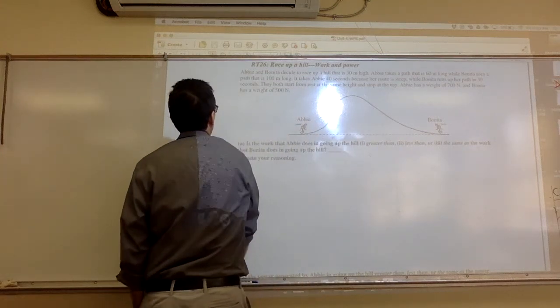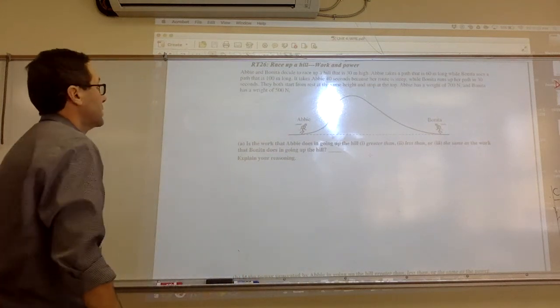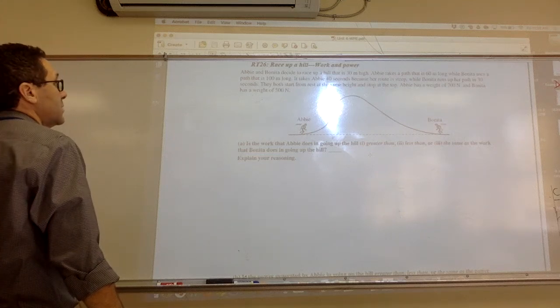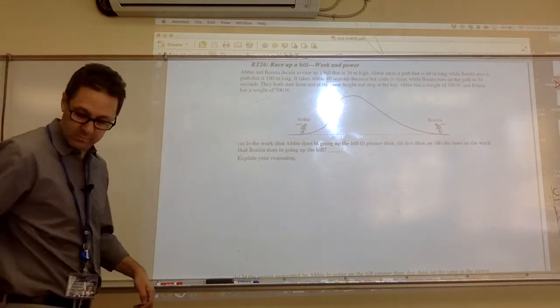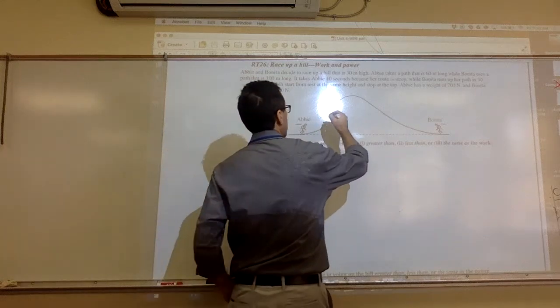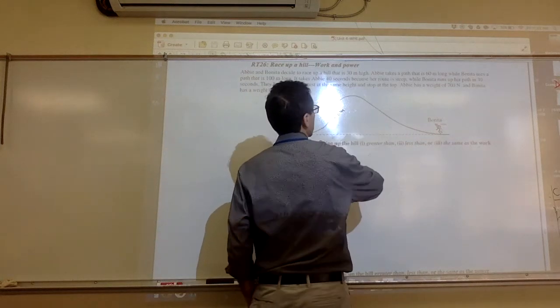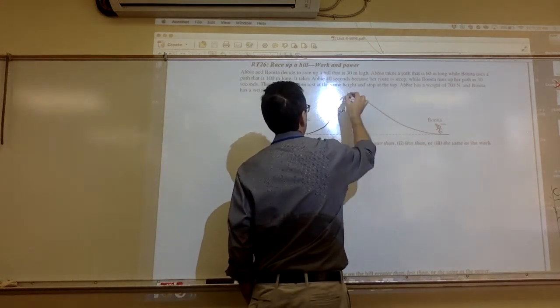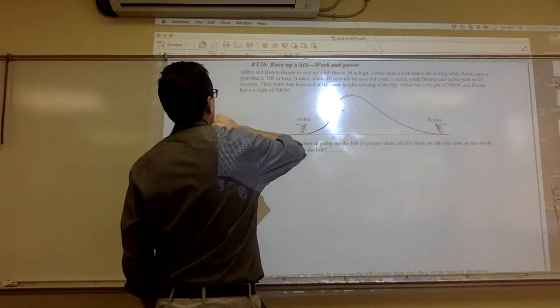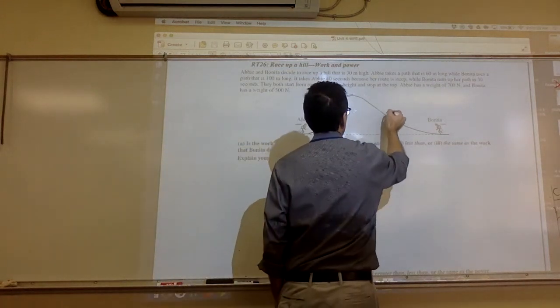Okay, Abby and Bonita decide to race up a hill that is 30 meters high. Abby takes a path that is, okay, so this is 60 meters. This path here is 100 meters.